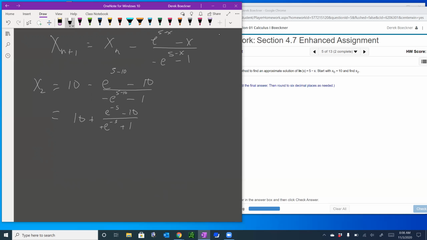This will be 10 e to the minus 5 plus 10 plus e to the minus 5 minus 10, over e to the minus 5 plus 1. Tens cancel, which is nice. Are you good with the plus signs? Okay.